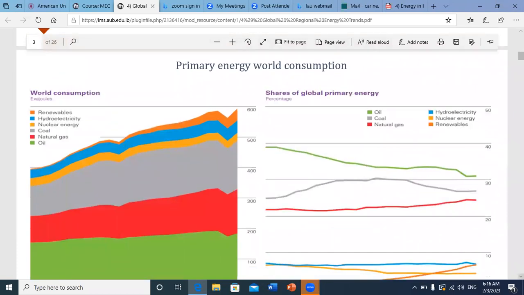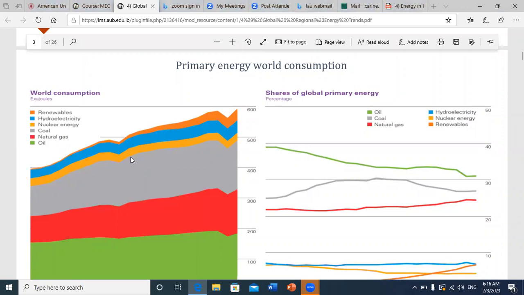Now, of course, we know that the amount of primary energy is increasing with time, and with technological advancement and the development of industry, we are in more need of primary energy. And primary energy can be present in several forms, including renewables, hydroelectricity, nuclear energy, coal, natural gas, oil. We know that recently we are trying to rely more on renewable energy.